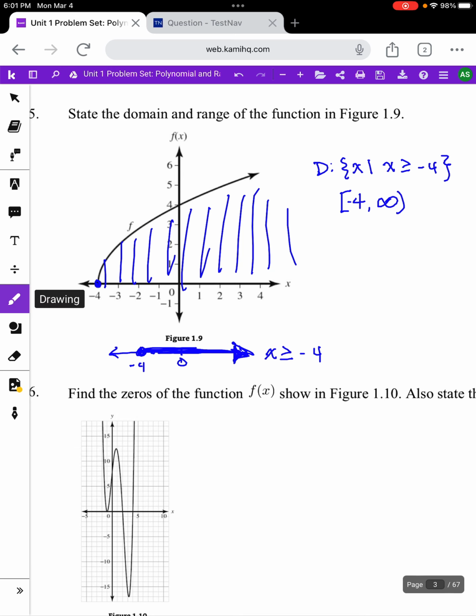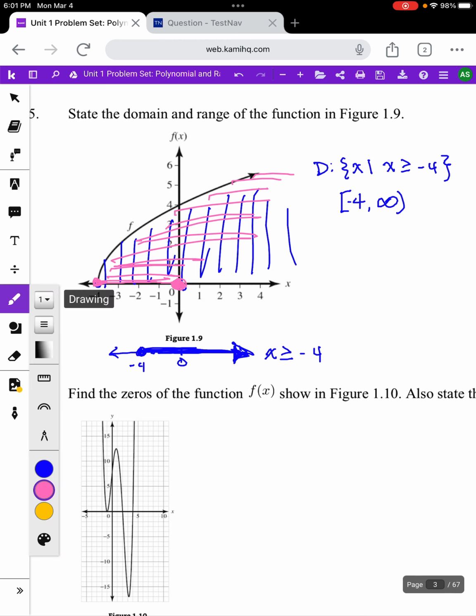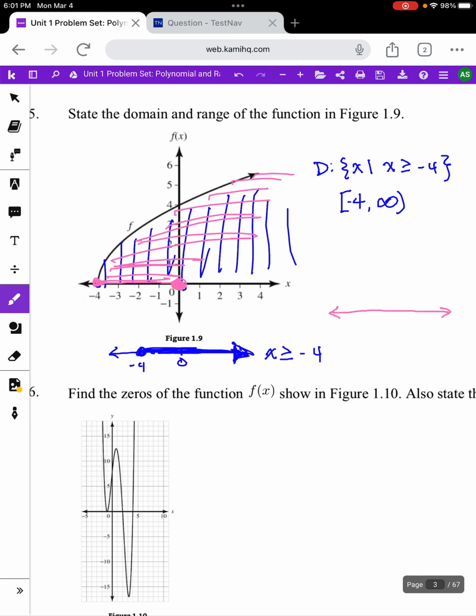All right, and then the y value. So I'm going to go to the bottommost y value, which is here, also at x equals negative 4, which is 0 on my y-axis. So I'm going to put a closed circle at 0. And then I'm going to go this way, covering all the points, and I can see that this graph is going to go up infinitely. So my line is going to go from 0, which is the lowest value of y, not negative 4 because that's the x value, and it's going to go on infinitely.